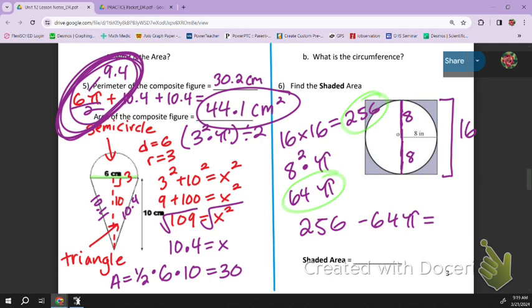We're going to round to the nearest tenth. What do we get in the end? Yep, 54.9. What's our label here? Inches squared. What questions do we have about area and circumference, applying it further?